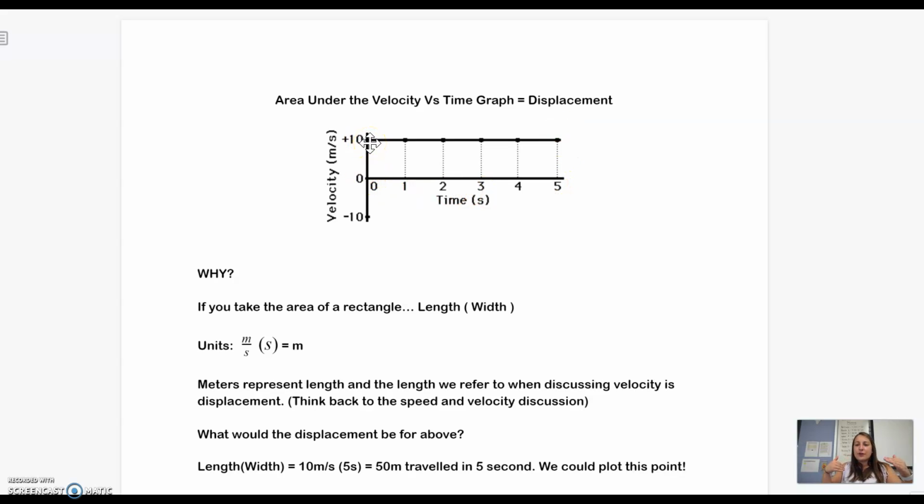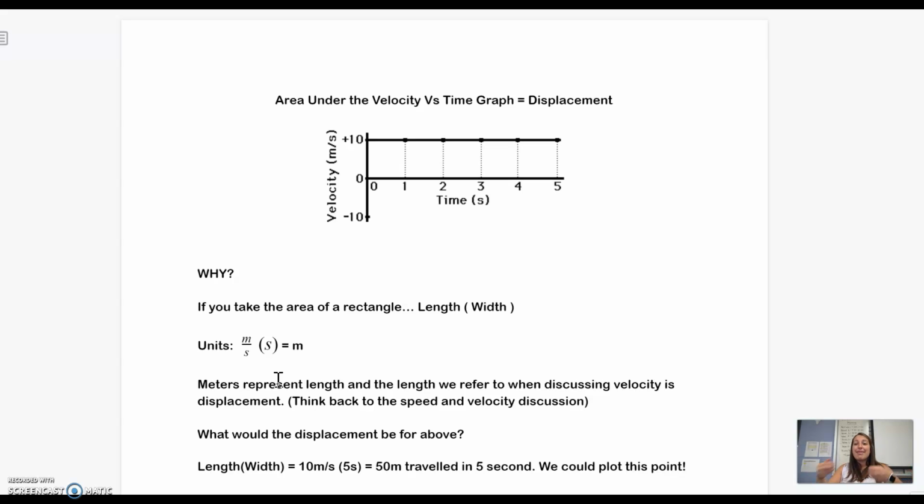You wouldn't go any further because that would be like infinity, so you have that definitive point of the x-axis and your curve. So when you take the area, your length times width, and look at the units, you get meters divided by seconds, multiplied by seconds. So you have a seconds in the numerator and a seconds in the denominator, which cancel to give you meters.